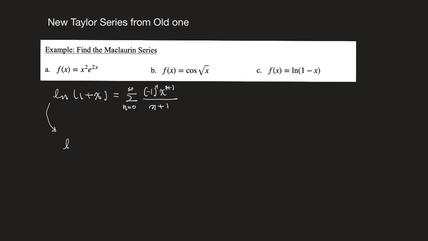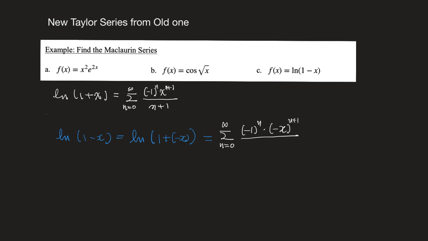This one is ln(1 - x), which is ln(1 + (-x)). So we replace x with negative x. You have the summation n equals 0 to infinity of (-1)^n (-x)^(n+1)/(n+1).